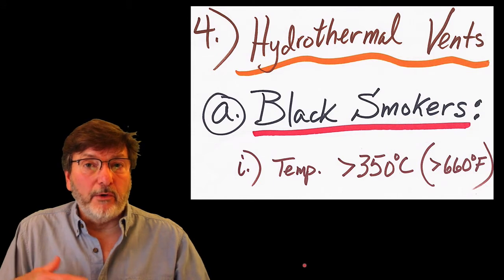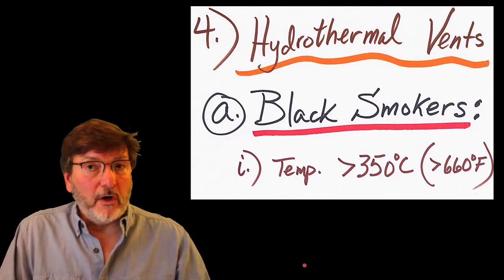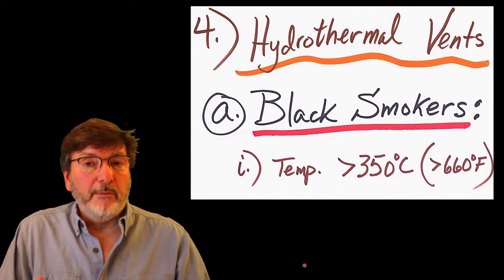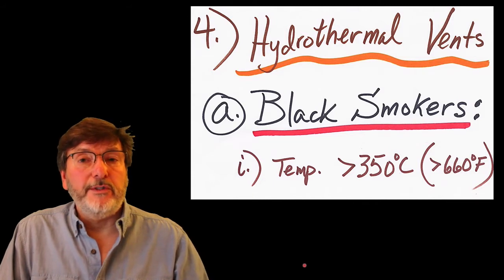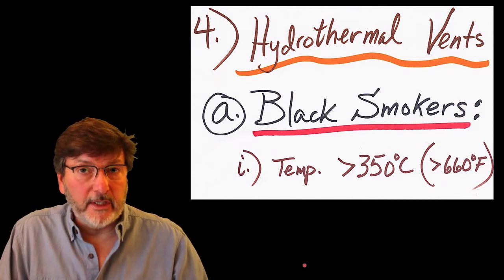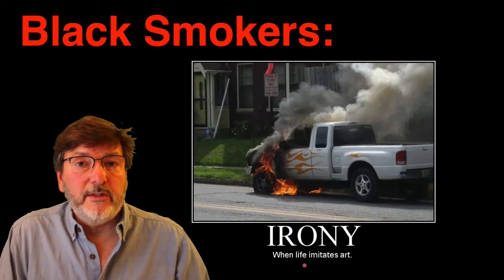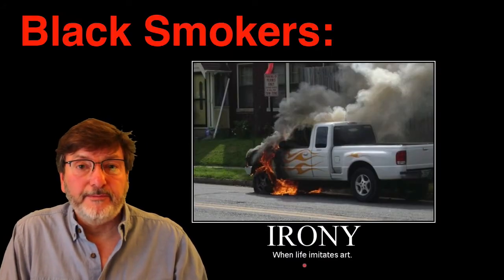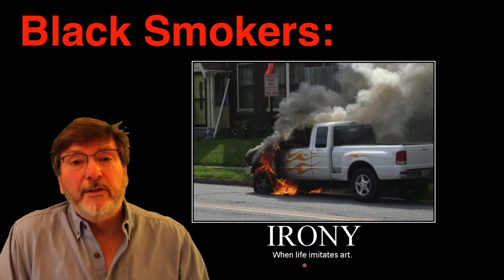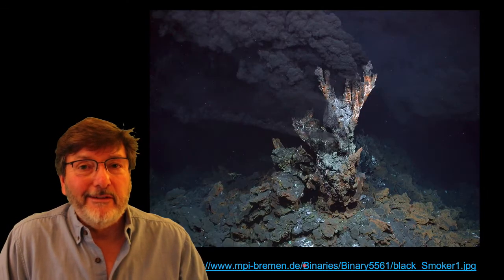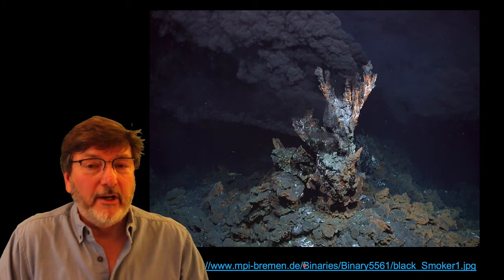So the first category, the black smokers, are where you have temperatures high enough to dissolve sulfide minerals in seawater, and then they precipitate at the surface, which makes the black color or black smoke. Sometimes you see black smokers at the surface of the earth, but that's a different thing, very ironic.